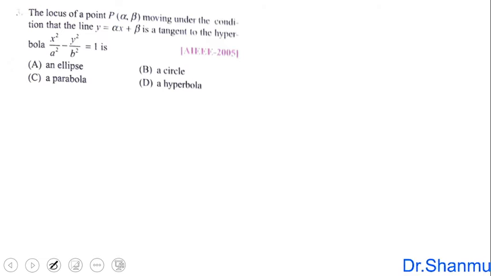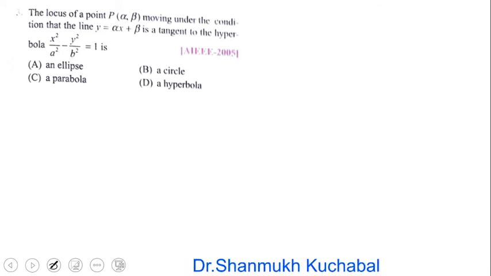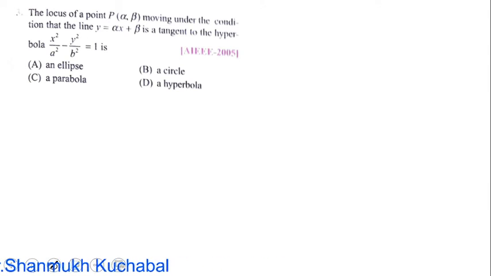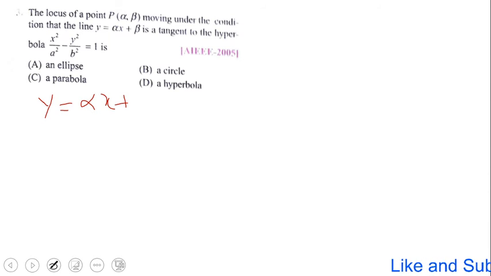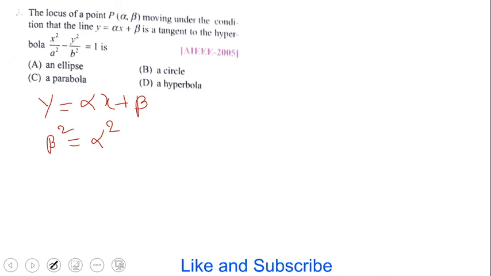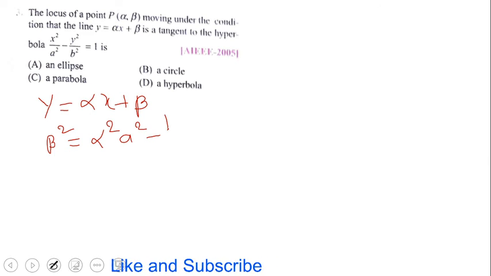The locus of a point P (alpha, beta) moving under the condition that the line y equals alpha x plus beta is a tangent to the hyperbola, so which type of geometry does it represent? That we have to calculate. It is given that y equals alpha x plus beta. So the condition for a tangent gives beta square equals alpha square a square minus b square.